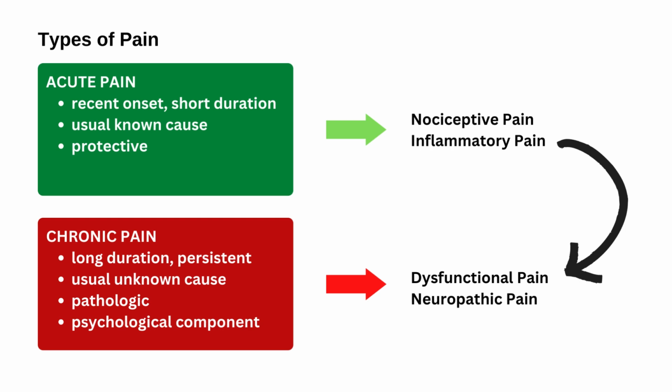On the flip side, we also have dysfunctional pain, which is pain that is experienced without a stimulus and is not due to nerve damage or to peripheral damage. We also have neuropathic pain, which, as the name implies, is pain that arises due to damage done to nerves. Additionally, it's important to realize that acute pain can transition into chronic pain if it's not treated properly.